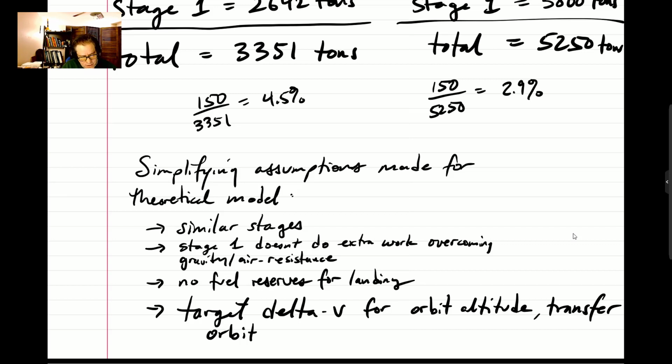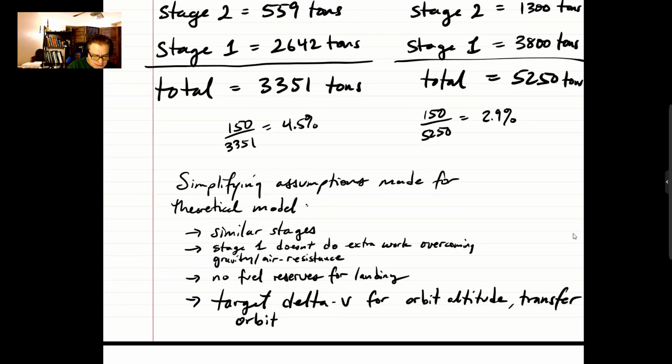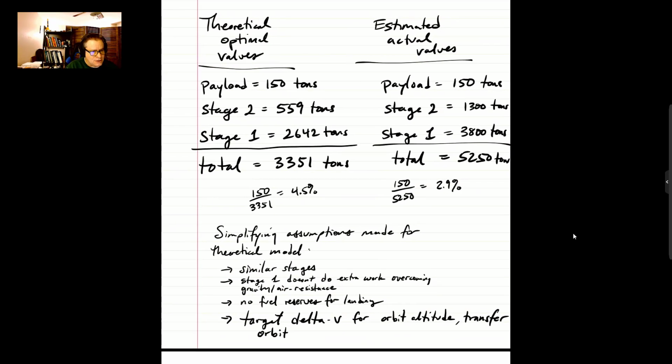So all of these are complications in the real design of the rocket that are not included in this very simple theoretical model, and can certainly account for that discrepancy. Like here, theoretically, maybe the payload is 4.5% of the total mass of the rocket, whereas according to the data that I'm finding on Wikipedia, maybe it's closer to 3% of the total mass of the rocket.